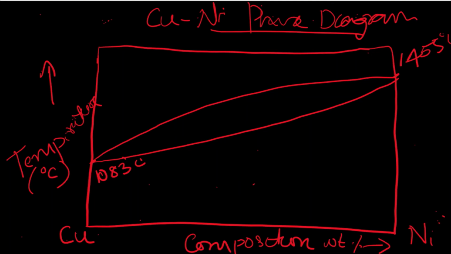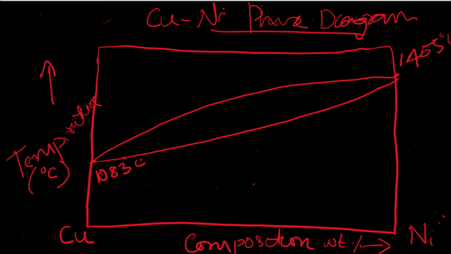Here you can see when it was pure copper, it melts at 1083. But when I move along this line, the copper decreases. Here the copper is 100%. So at this particular point, copper will be having a particular value. It's not 100%, right? So along with copper, there is a small amount of nickel.